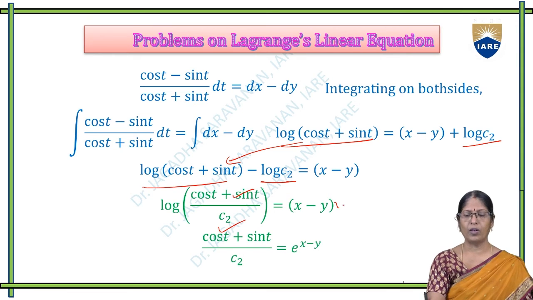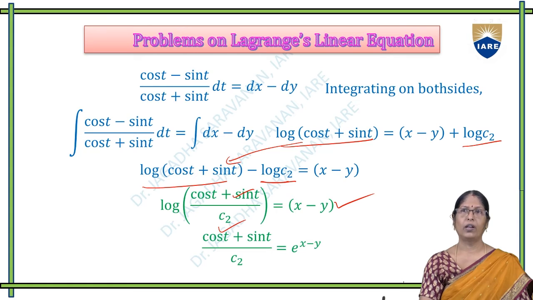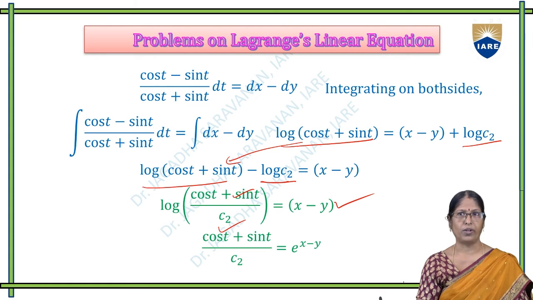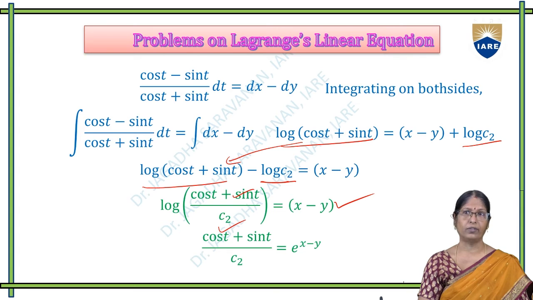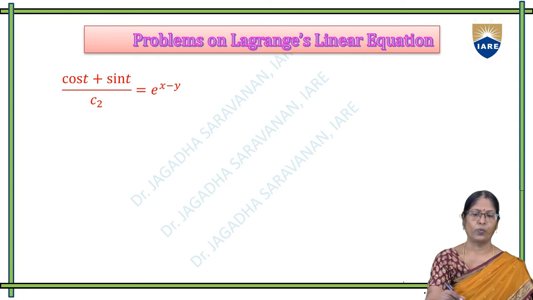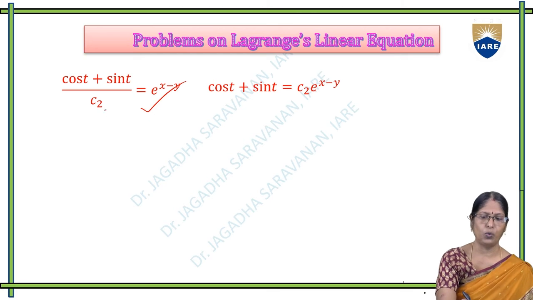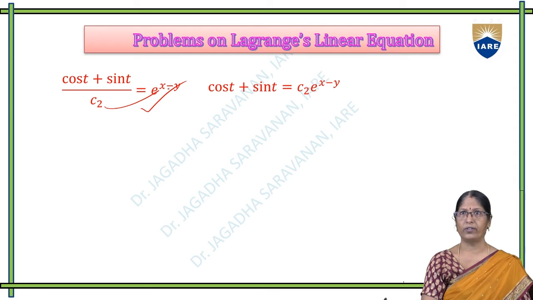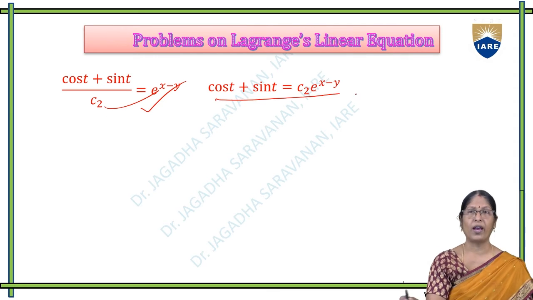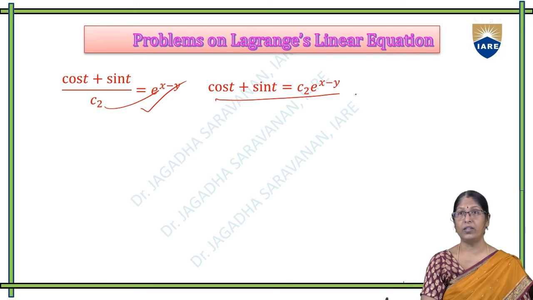This is in logarithmic form. Now we will write it in exponential form. That is cos t plus sine t divided by C2, which is equal to e power x minus y. So we can see it here. Next, this C2 we push to right side. Finally, we obtained cos t plus sine t, which is equal to C2 into e power x minus y.